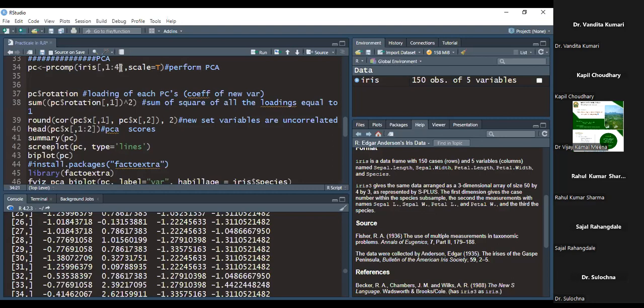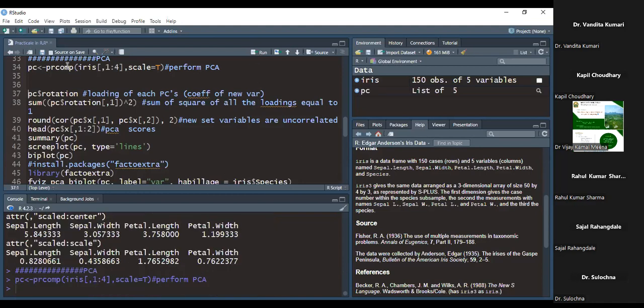We are not going to find any principal component using categorical variables. And scale equals true means we are going to scale the variables. So this will calculate our principal components, and the value will be stored in a variable called PC. You can name it anything. I have used PC. You can write any name of your choice. So let's run this.